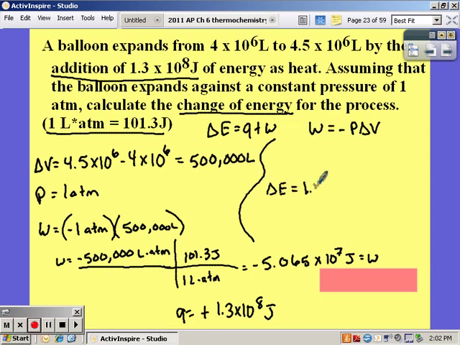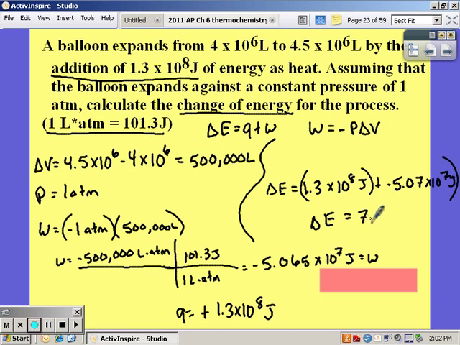So now we're just going to add our heat and work together. That gives you 7.9 times 10 to the 7th joules.